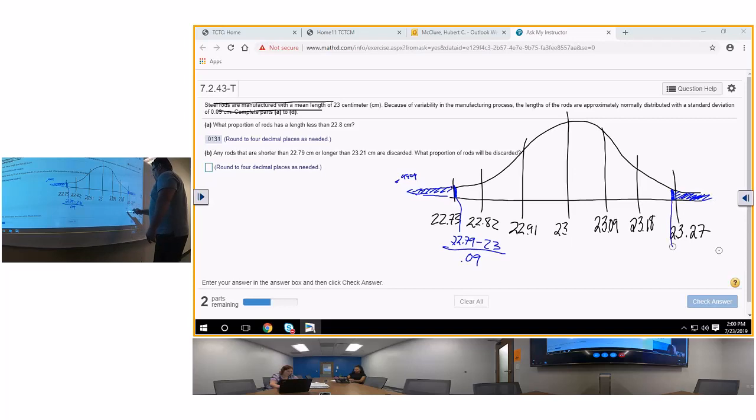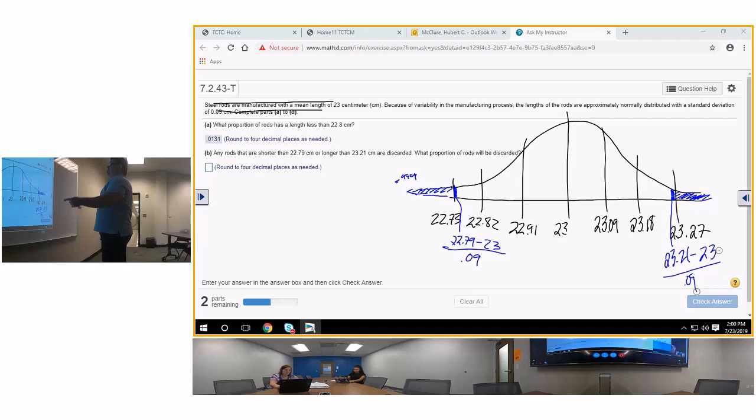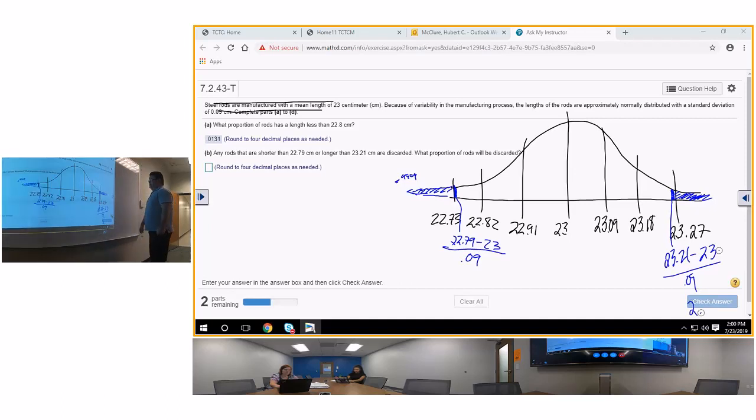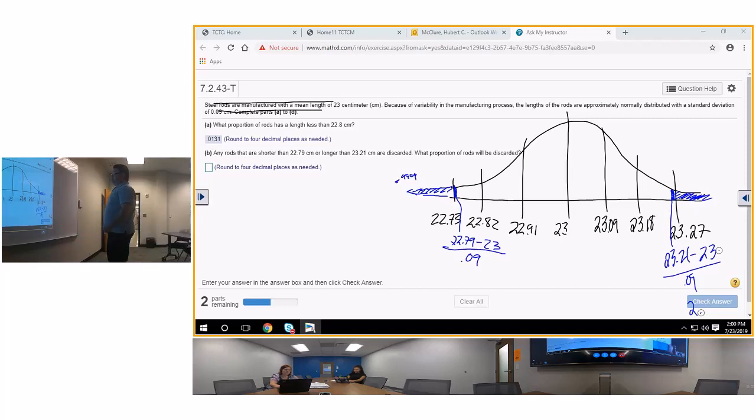So that's going to be 23.21 minus 23 over 0.09. That's going to be around what? 23.21 minus 23 is 0.21. And then 0.21 divided by 0.09, what do you get? Okay, 2.33. I had it drawn wrong.